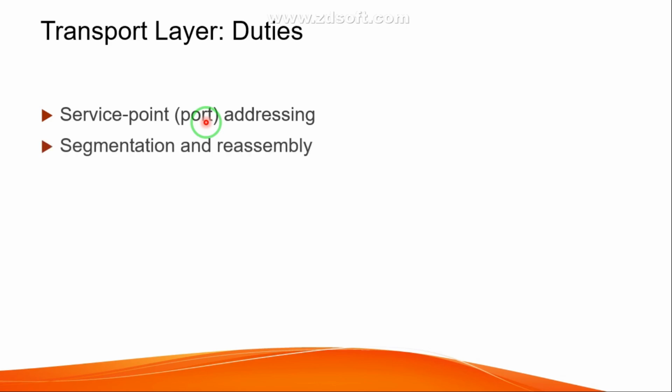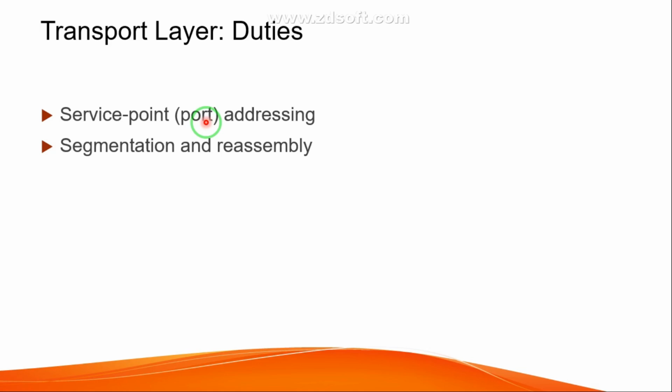Next, it is your segmentation and reassembly. A message is divided into transmittable segments, and each segment contains a sequence number. Due to these sequence numbers, it enables the transport layer to reassemble the message correctly upon arrival at the destination.